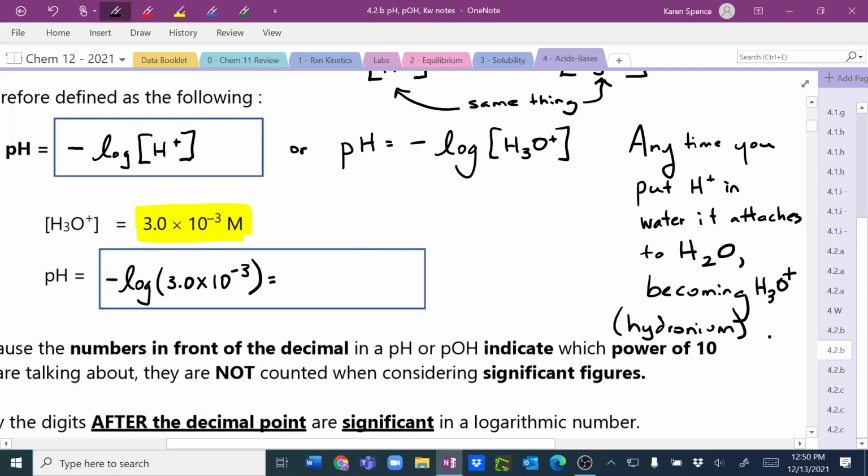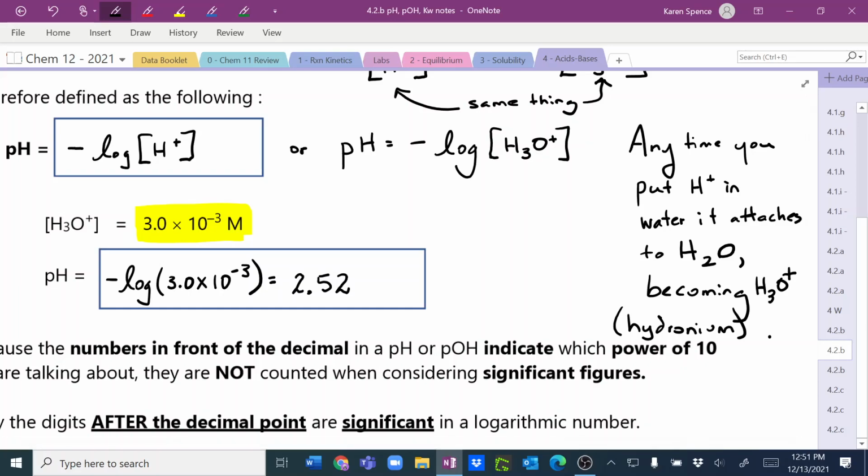And we get, you try it too. We get 2.52.